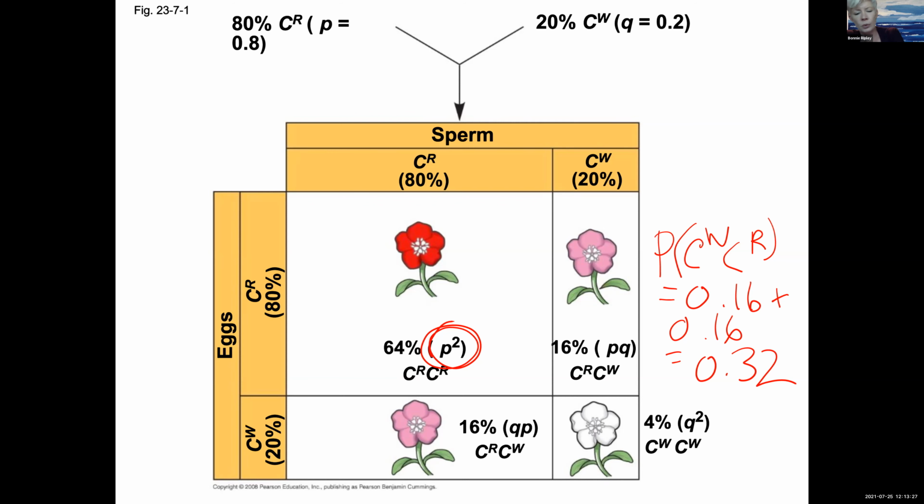We're doing q squared to find our homozygous recessive, and we're using p times q or q times p. We can write it either way. Multiplication is commutative, and we're going to take 2 times that. All right, so the frequency of our heterozygotes is, I'm going to write it right down here. We can simplify it by saying 2pq.